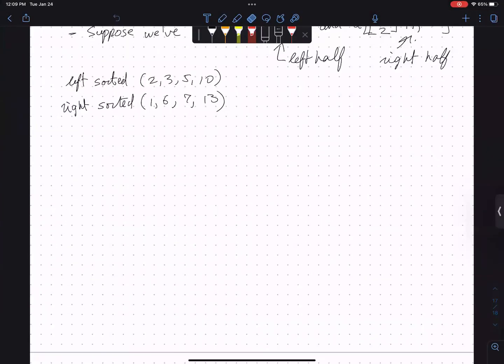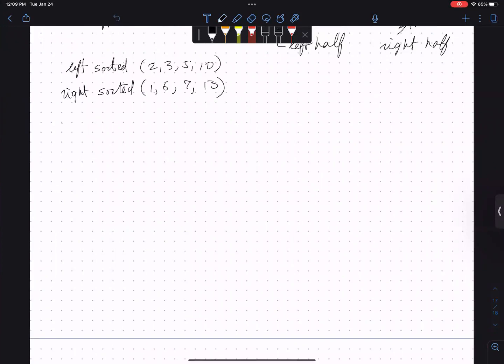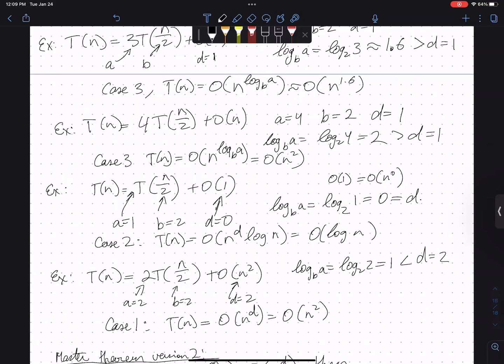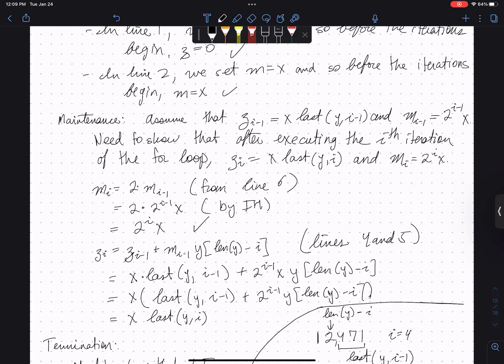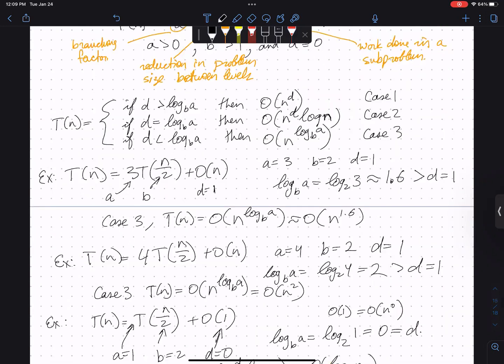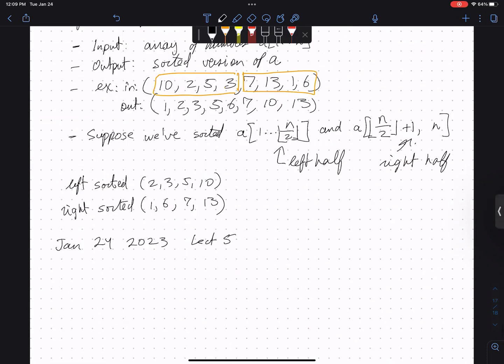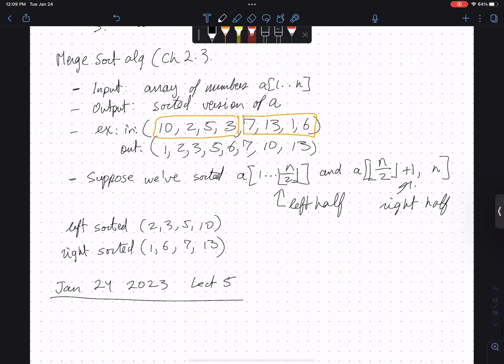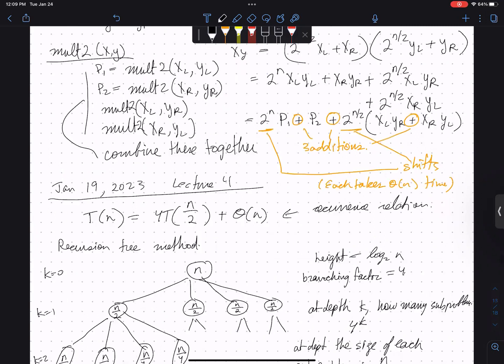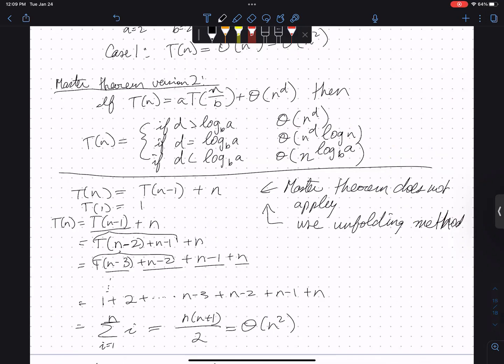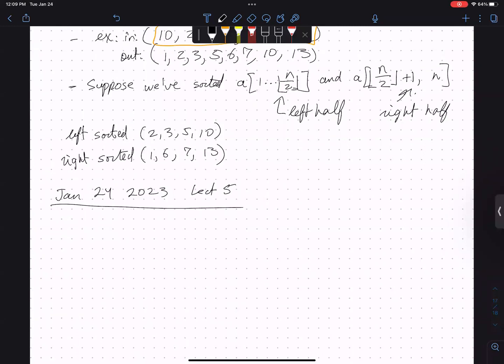All right, let's get started. Okay, so where we left off was looking at divide and conquer algorithms.